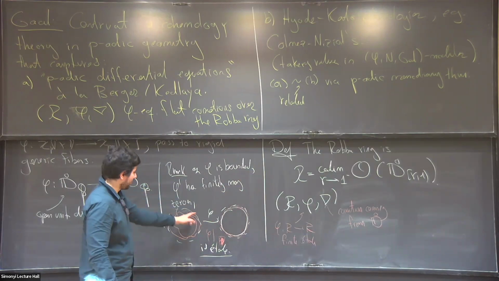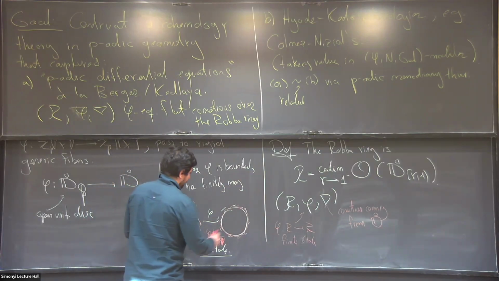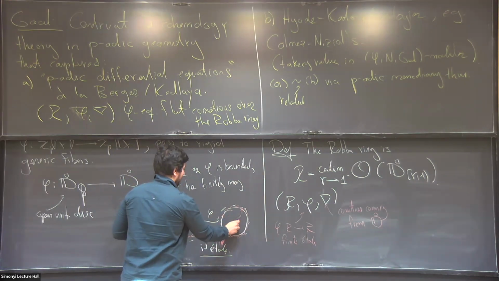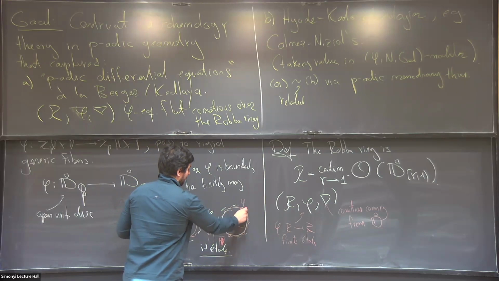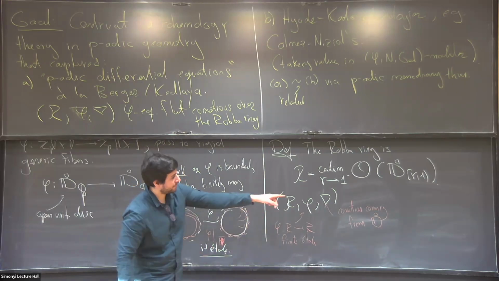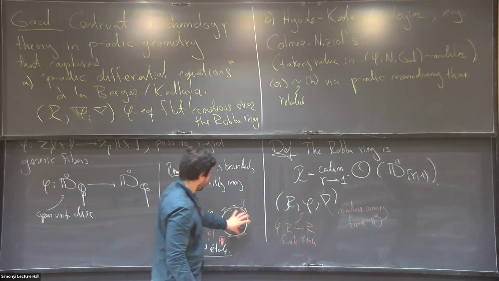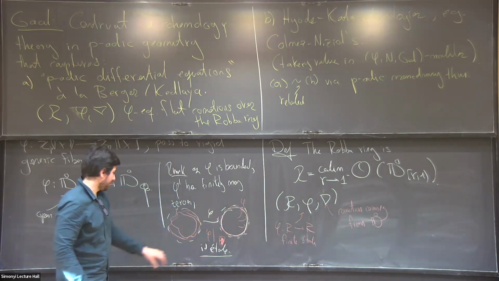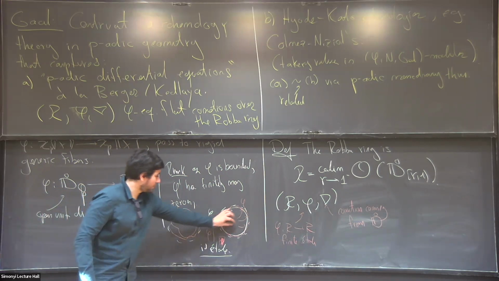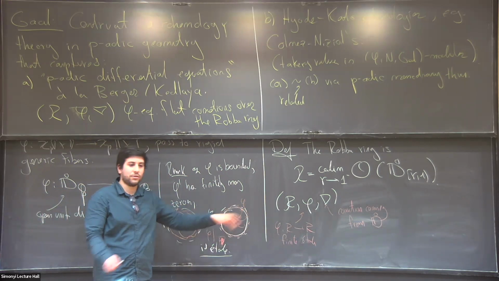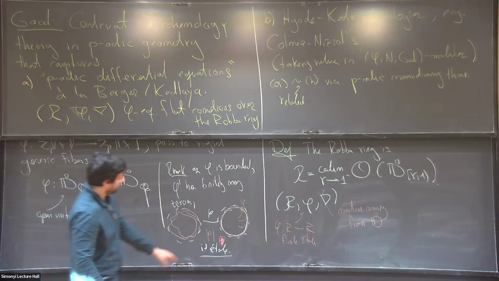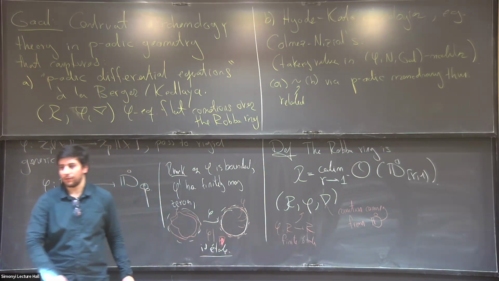But because you have the control of the Frobenius, and the Frobenius is kind of going away, then you can use this information and the fact that you have this isomorphism to spread out this differential equation. Just for example, in this second case, to something which is a connection on the open disk. In general, it would be like some local Fourier transform, but basically you should think about this as something not too far from just being a Frobenius-equivariant flat connection in the open disk.